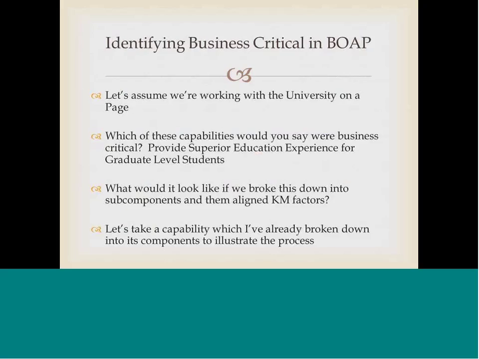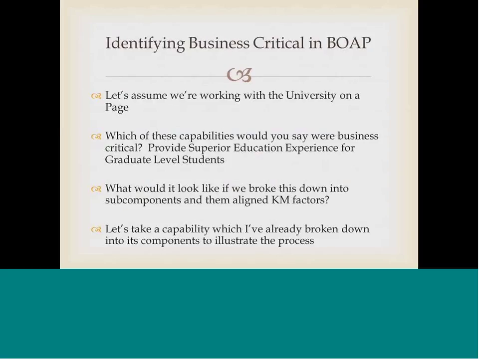Okay, so that was a business on a page or a university on a page. So let's assume that we're working in that university on a page context. Which of these capabilities would you say were business critical? Well, I would say that there are two to our university. One is to ensure that we have a high-quality undergraduate education experience, and the second would be to provide a superior education experience for graduate-level students.